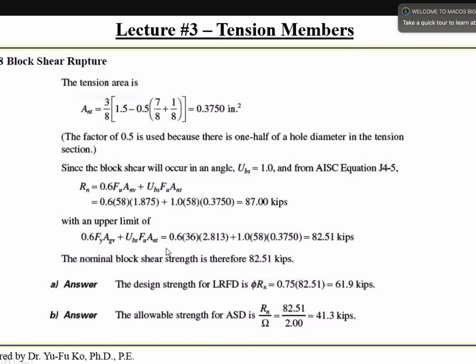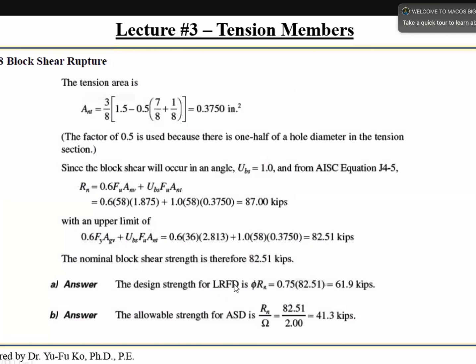So your Fy is 36, Agv you just calculated, and Ant is here. So you got 82.51 kips. So 87 violates the upper limit. The only value you can take is the upper limit, which is 82.51 kips. So this is the nominal.